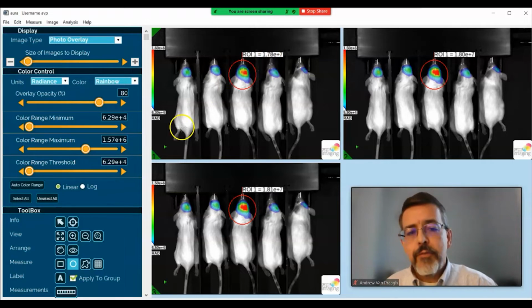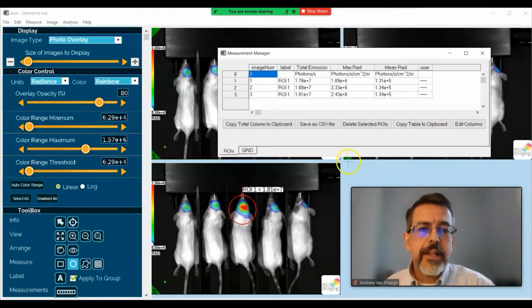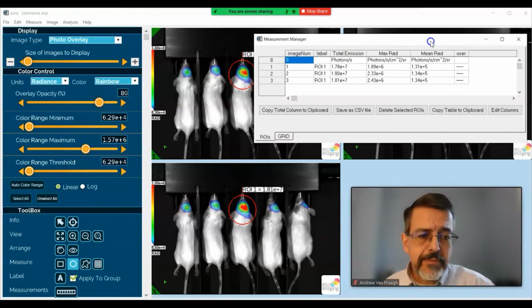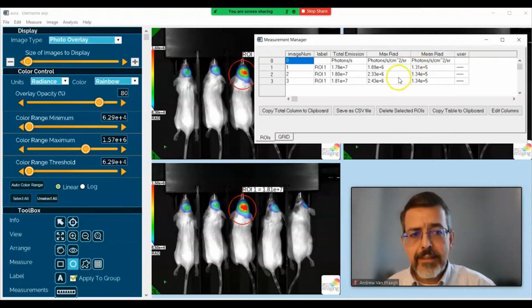Okay, now if we want to see max radians and mean radians, we can also go down to Toolbox and Measurement and click the ruler icon, and you very nicely see a summary of those values here as well. Now, the use of max radians can be very easily discounted as follows. Max radians is simply a pixel quantitative designation for the hottest pixel within the region of interest.